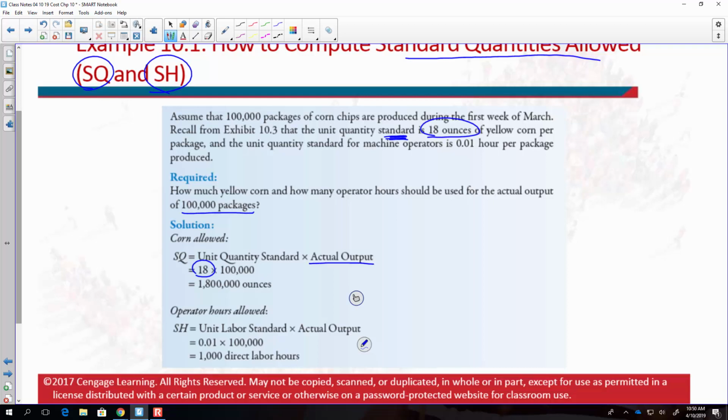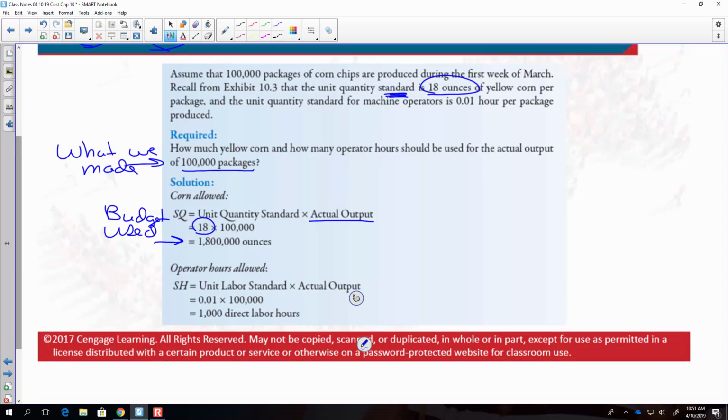Now actual output is what we made. So doesn't it seem logical? If I made 100,000 corn chip bags and the standard was 18 ounces of corn to make one, I should have used, right? The budget used 1.8 million. So that's what SQ means, standard quantity allowed. And they also do that for labor, standard hours allowed. That's what SH means.